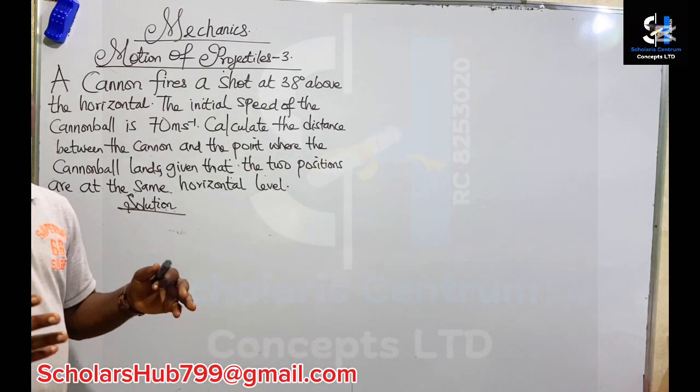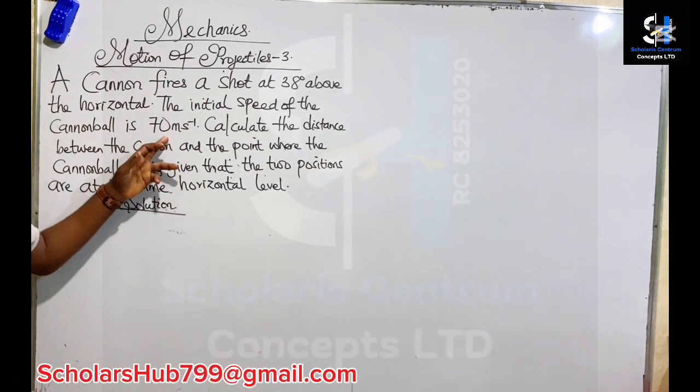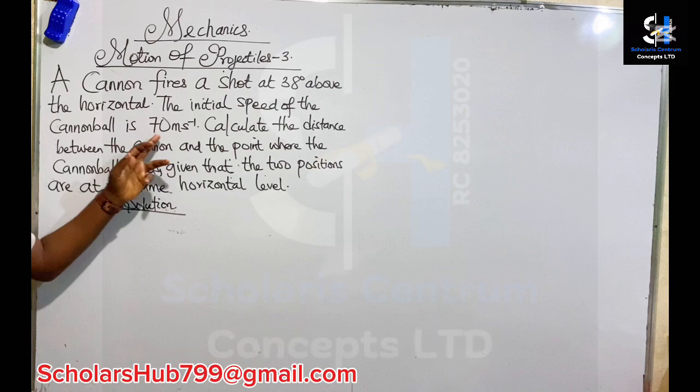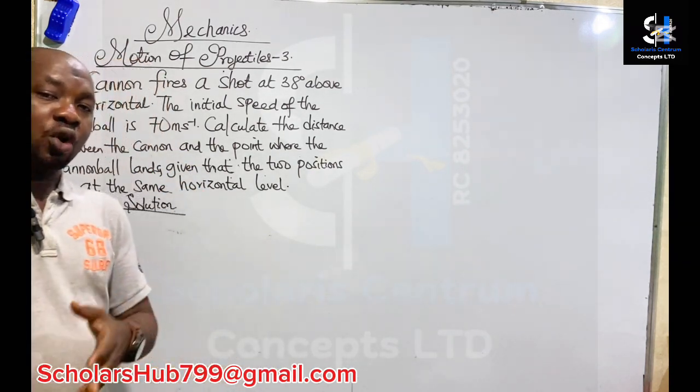So the first thing we need to do is to resolve the initial speed of the cannonball into horizontal and vertical components.